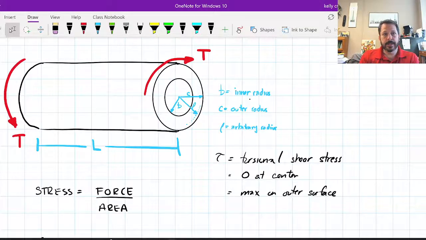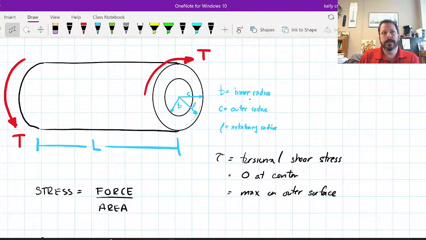And for us, we do make a distinction between the idea of a moment and a torque. This is the case where we normally talk about them as torques. So a torque is usually applied to a shaft, and it's trying to make the shaft twist or spin.